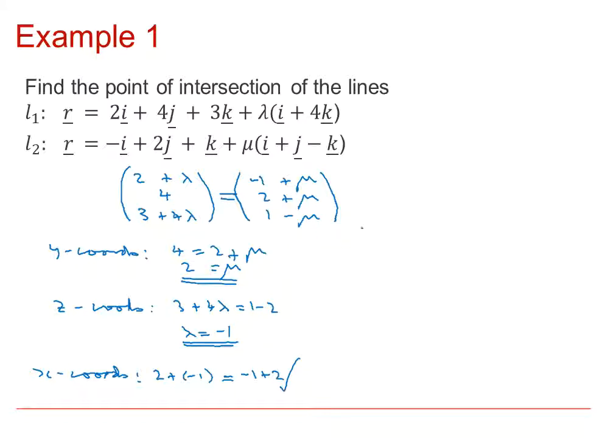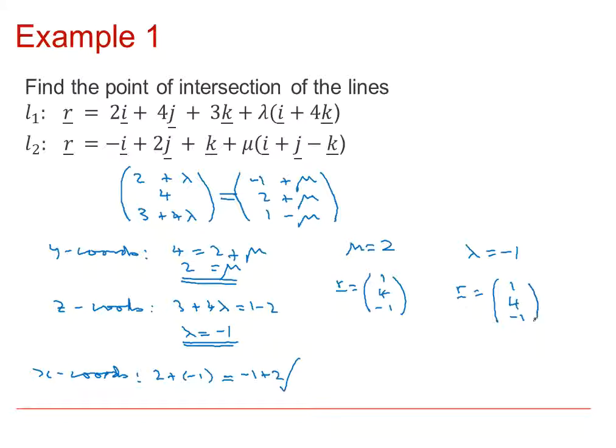To find this point of intersection, we could use mu is 2 and substitute that into the second line. That would give us a position vector of minus 1 add 2, 2 add 2, and 1 take away 2. Or we could have used lambda is minus 1 in the first line, which would give us a position vector of 2 take away 1, 4 on its own, and 3 plus 4 times minus 1.